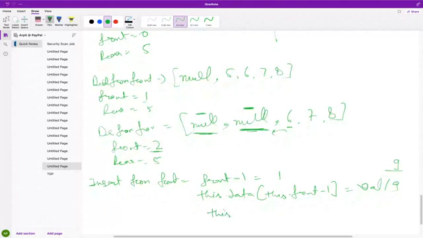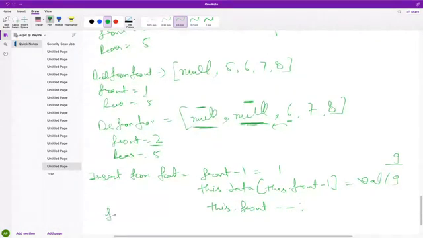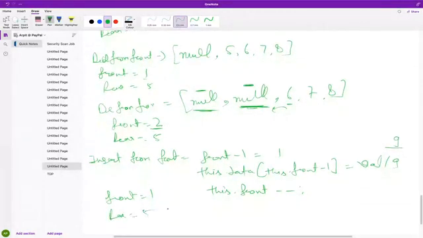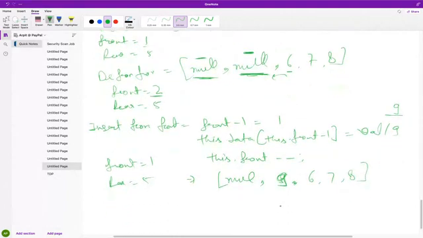And then we'll do this dot front minus minus. इससे क्या होगा? Now our front is at 1 and rear is still at 5. Our array will look like this: null, 9, 6, 7, 8.